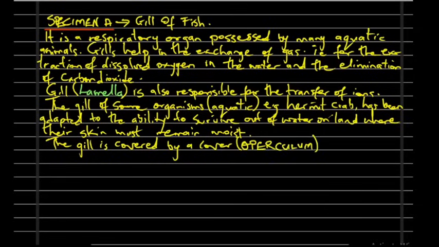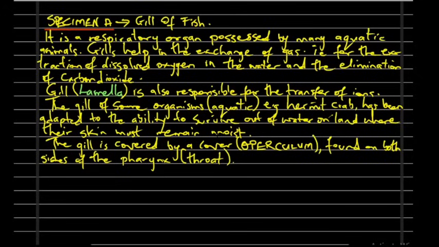The operculum is the gill cover that helps to protect the gills in the body of the animal, and it is found on both sides of the pharynx. The pharynx happens to be the throat of the organism. So basically, these are the things that we need to look at talking about the gill.